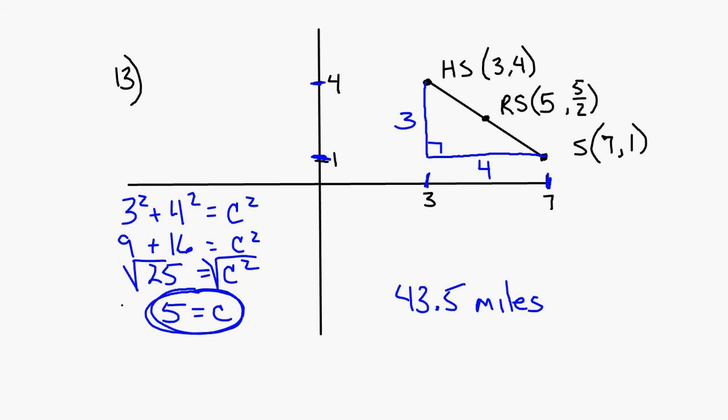Alright, each unit of distance was equal to 8.7 miles. So you got to multiply your distance by 8.7. That converts it to miles. Does anybody have any questions?